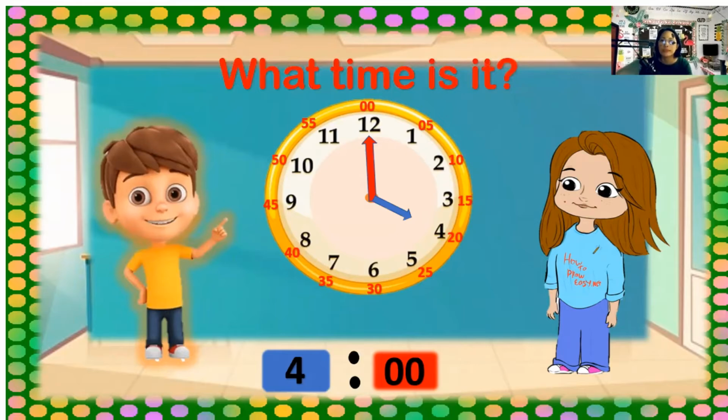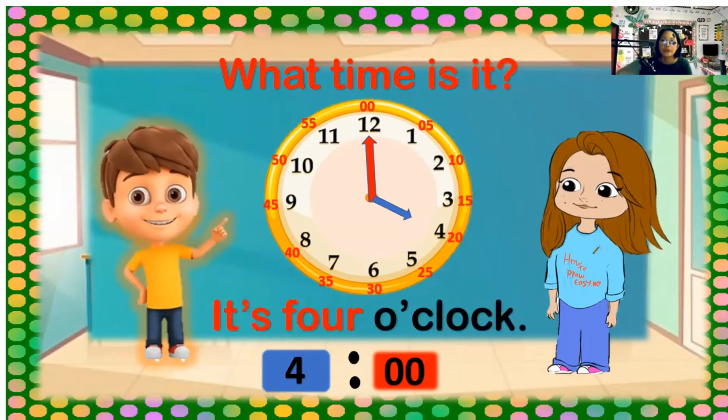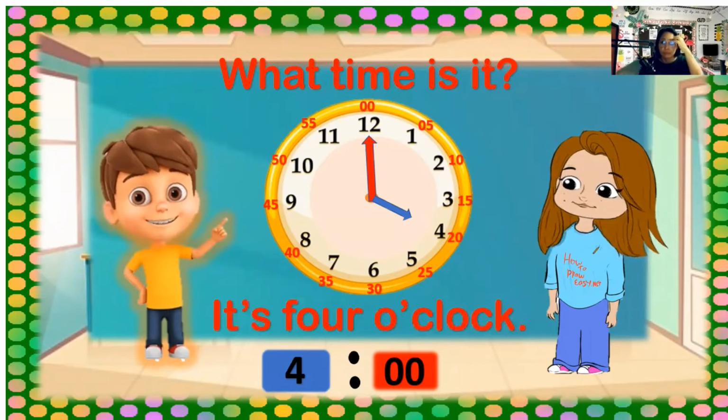What time is it? It's 4 o'clock. So if there are no minutes, I mean, the long hand is pointing to 0, 00 or 12, we'll just say o'clock. So it's easy.